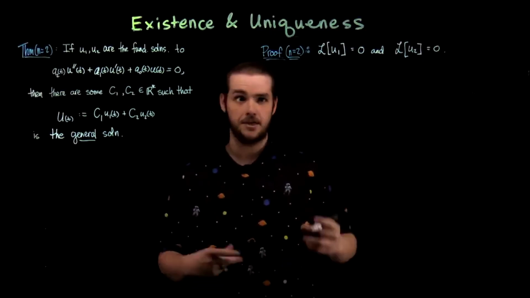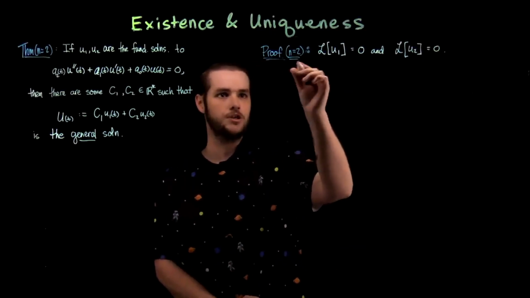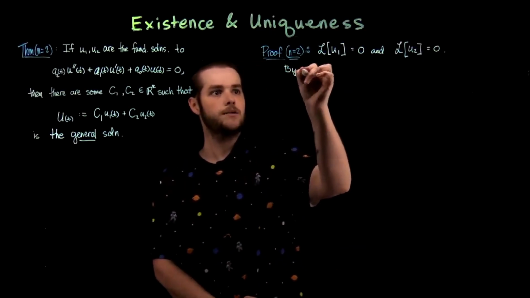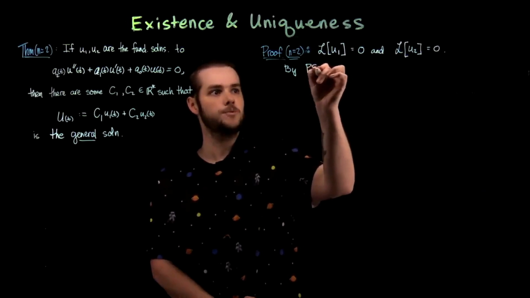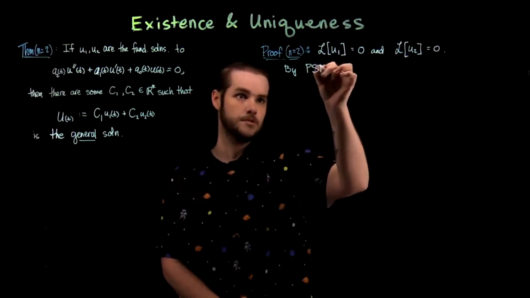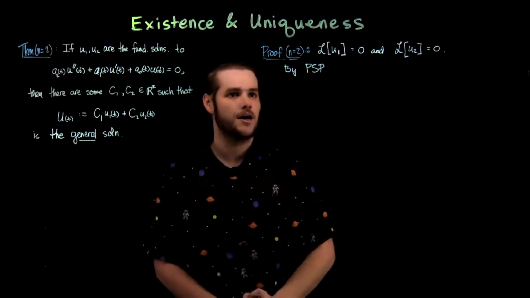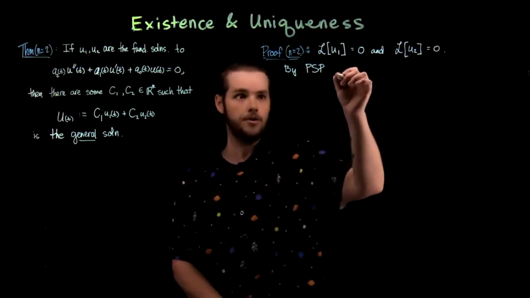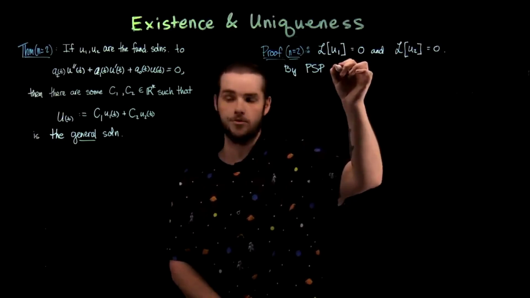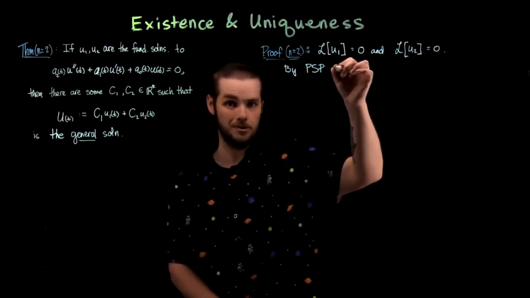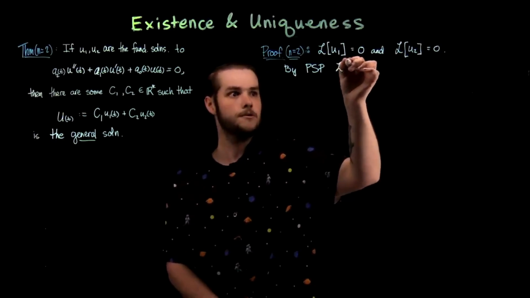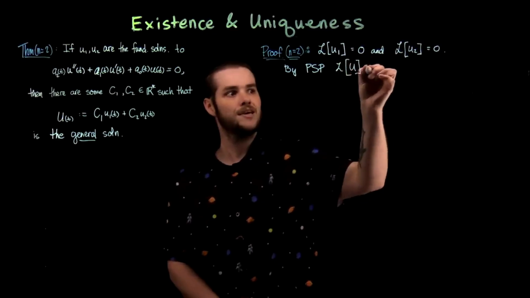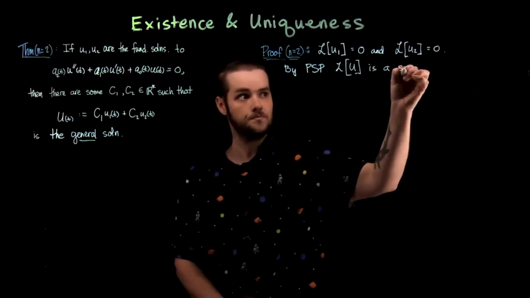So what that tells me, as we've already briefly mentioned in words, by the principle of superposition, I guess PSP, not PlayStation Portable, but principle of superposition, we know that capital U, what I've called over here my supposed general solution, is a solution.